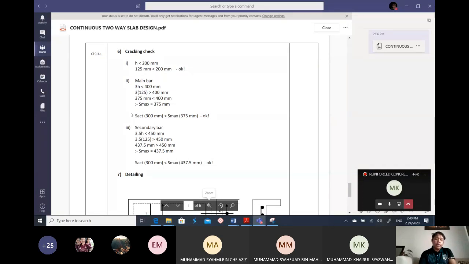What you provided here refers to your actual main reinforcement, and then the secondary rebar should be less than 450. Okay, this is supposed to be less, saya typo ni. Okay, less than 450. So all acceptable for the cracking check.